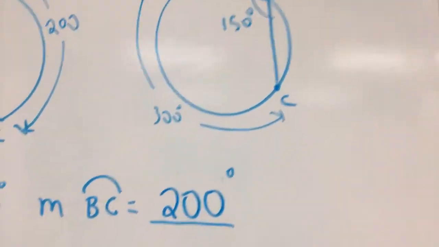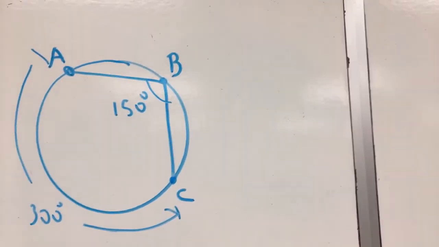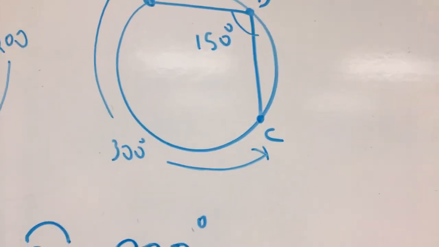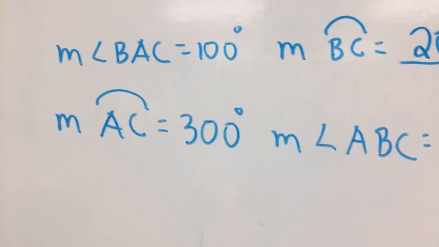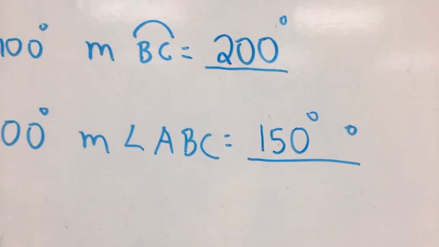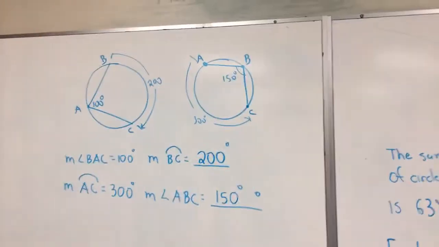Now here's the other way around. If you start with an arc of 300, then the measure of the angle is 150. The measure of the angle is half the arc. So if the measure of the arc is 300, the measure of the angle is 150. Okay? I really hope we can get that squared up. That's going to be very helpful for you folks, all right?